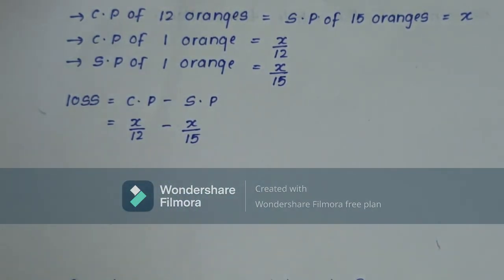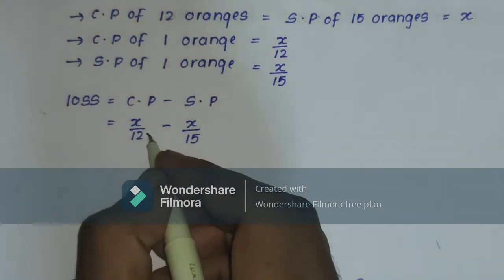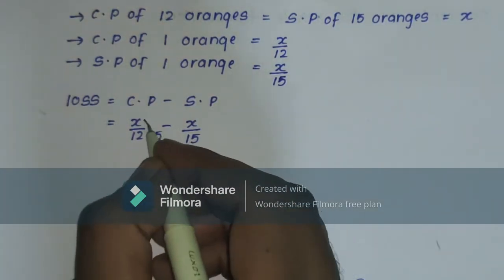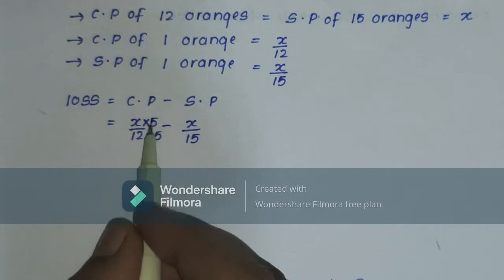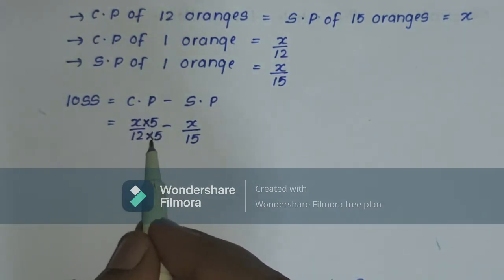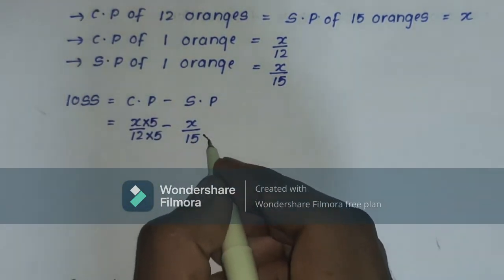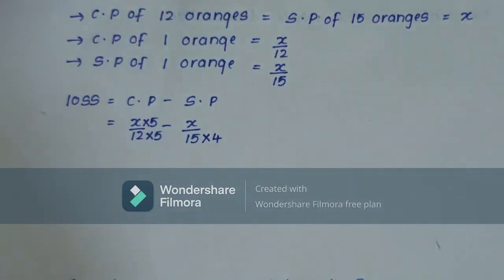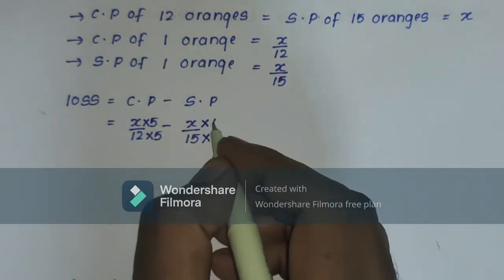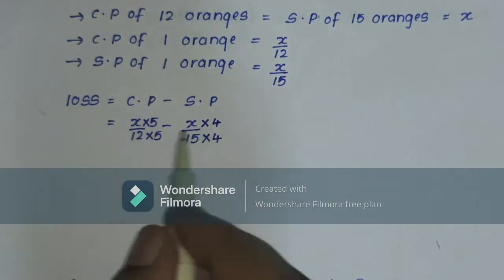The LCM of 12 and 15 is 60. You can do the rough working, but I know that 12 5s are 60. Multiply by 5 and balance the numerator with the denominator. 15 4s are 60, right, student? So you have to multiply by 4 in the numerator also. Now it is balanced, student.